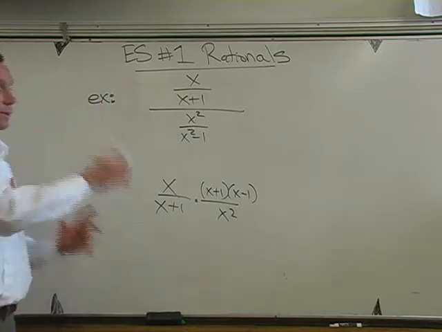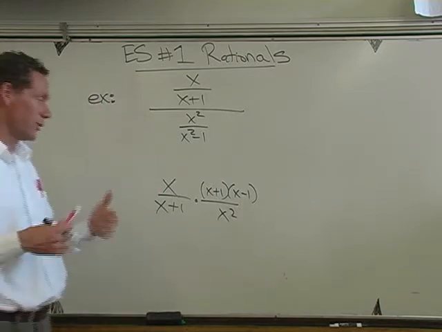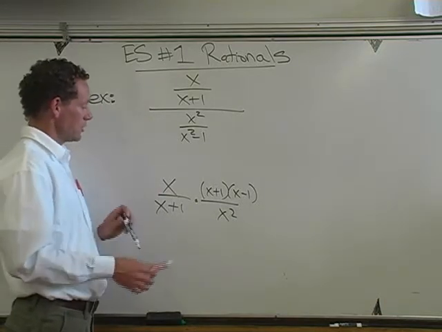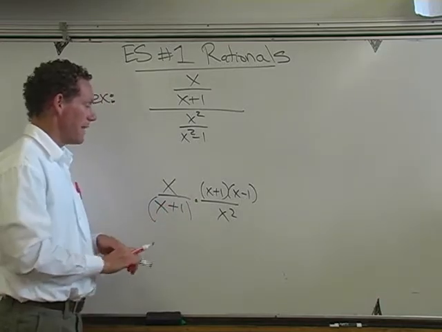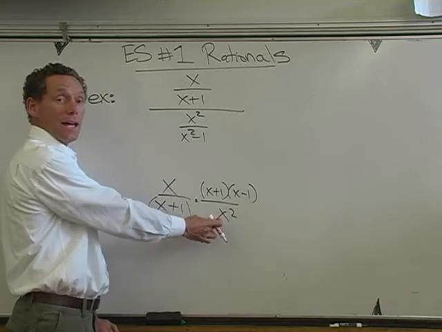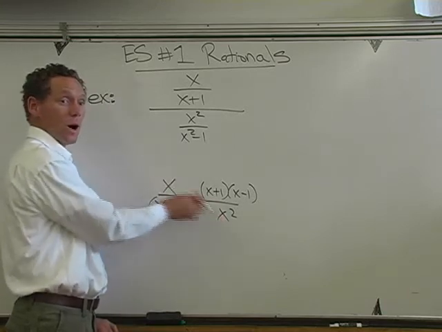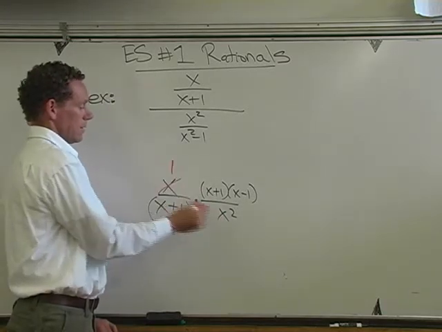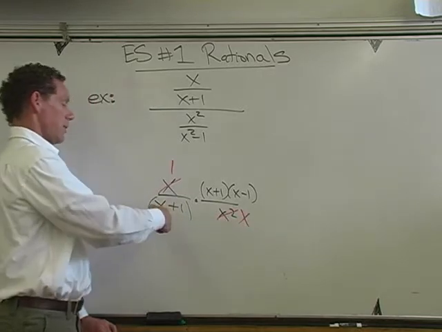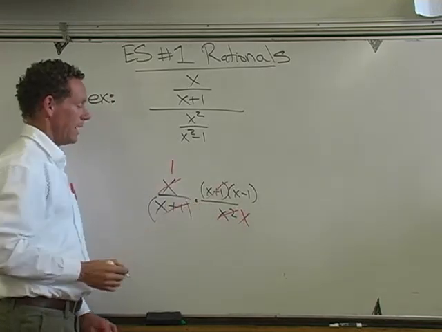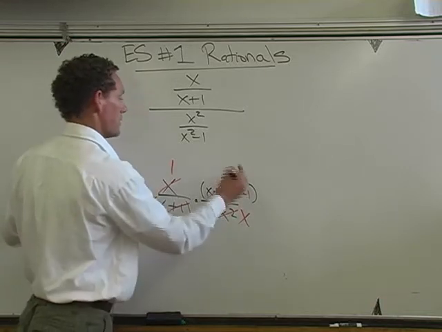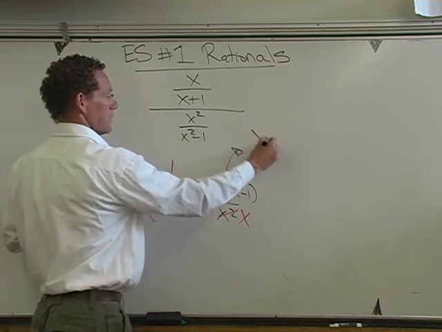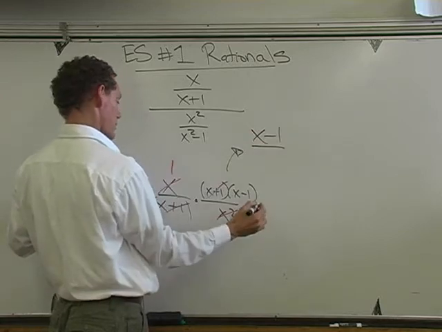So we are ready to cancel. Factoring and canceling is what we do with these rationals. x and x squared reduce to 1 and x. And we have an x plus 1 that will cancel with an x plus 1, leaving us with just x minus 1 over x.